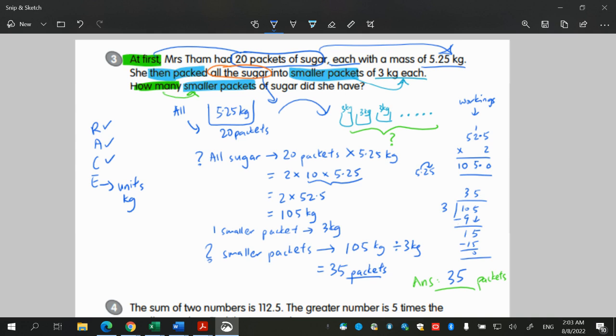Alternatively, if you have extra time, you can work backwards. Use multiplication, the reverse operation, to check whether it's correct. Okay, that's about it for this question. If you have another method, which some of you will really have, feel free to share with me your other method. That's the end of question 3. In my next video, we'll look at question 4.